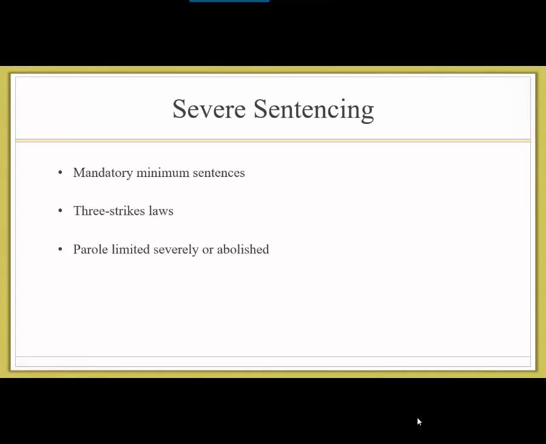Several states passed the controversial three strikes laws, where if you were convicted of two felonies, then by that third strike, it really didn't matter the level of the crime being committed. It came with a mandatory, extremely long sentence.